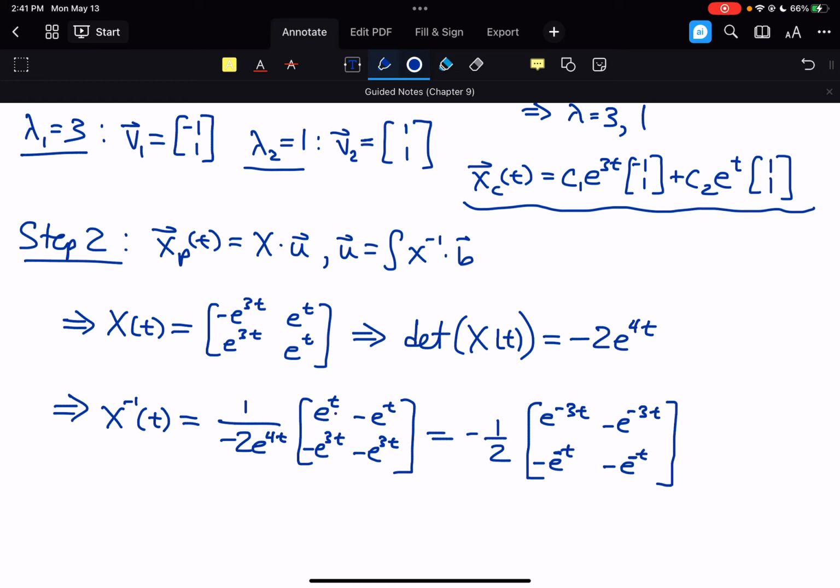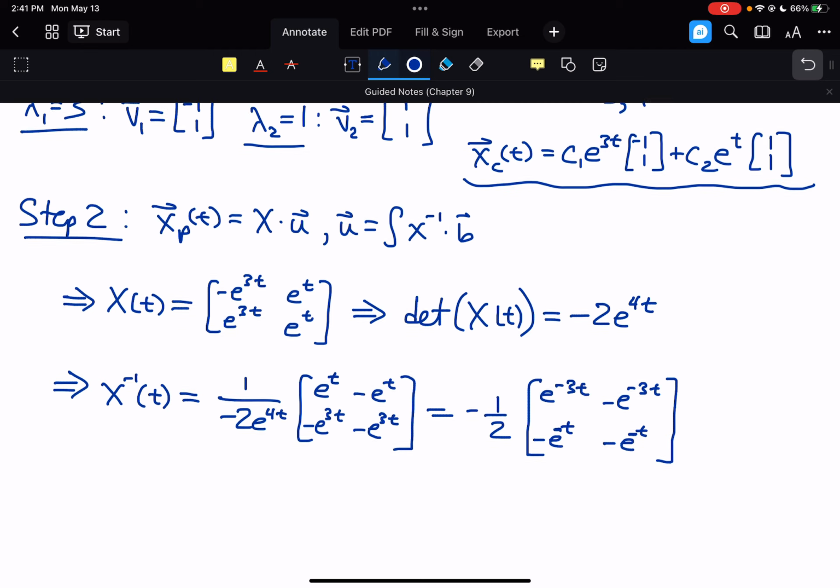Just divide e^(4t) under each of these terms, and we end up just subtracting the 4t from whatever power was already there.